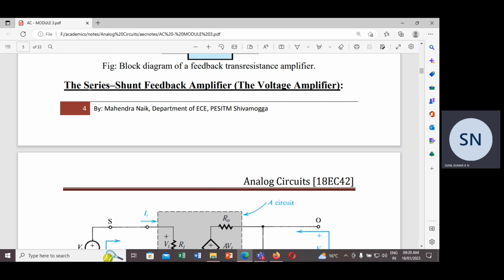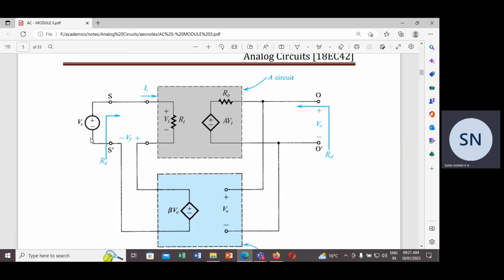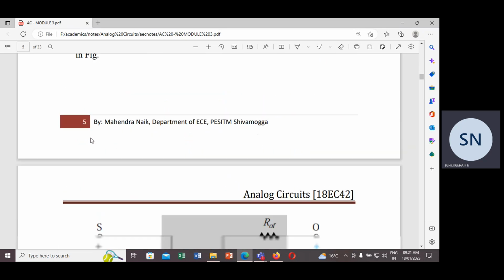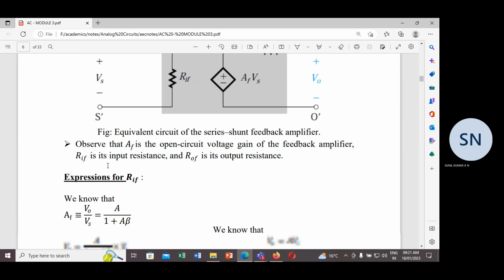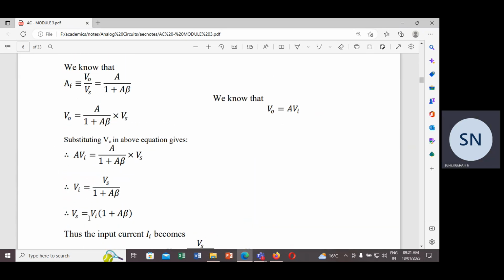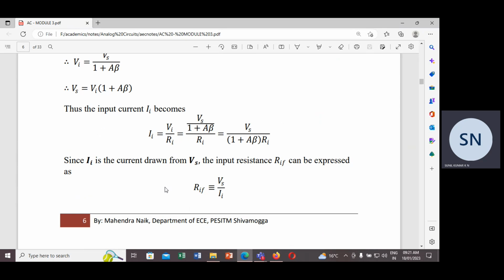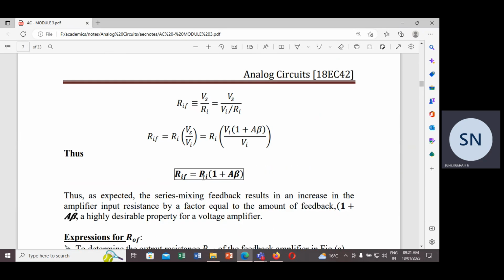For that, 4 different configurations are there. We are going to calculate how negative feedback controls the input side and output side impedance in each. So series at the input side means the input resistance is going to increase by a factor of 1 plus A beta.